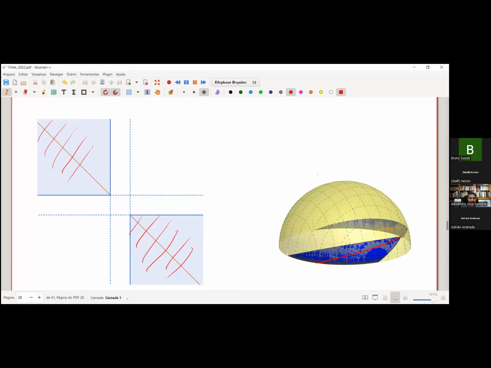We have this example in the paper, with these two control sets, and then we lift this to R^3, for example, and then project in the projective space P^2, and this control set here will be this one here, and on the other side of this projective space, the other.